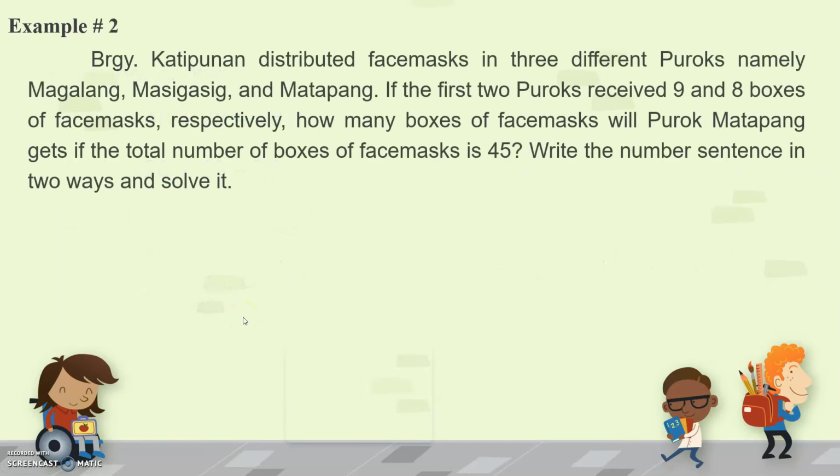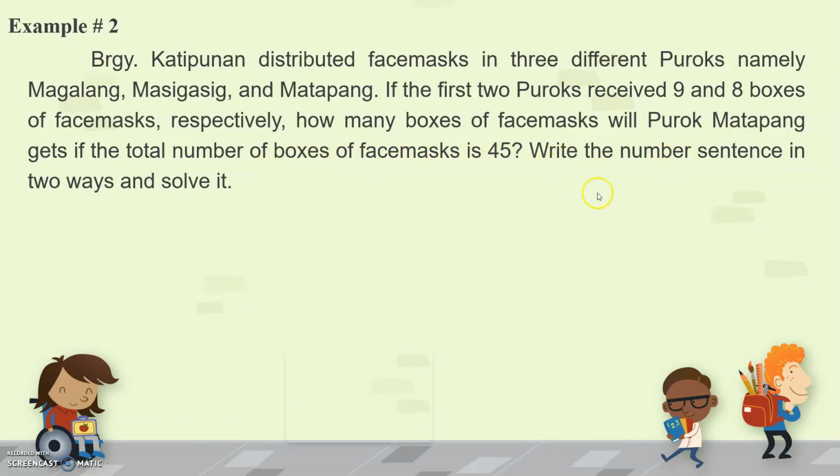Next. For example number 2. Barangay Katipunan distributed face masks in 3 different puroks, namely Magalang, Masigasig, and Matapang. If the first 2 puroks received 9 and 8 boxes of face masks, respectively, how many boxes of face masks will Purok Matapang get if the total number of boxes of face masks is 45?